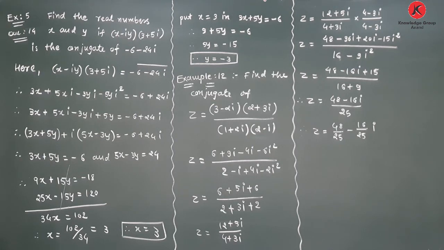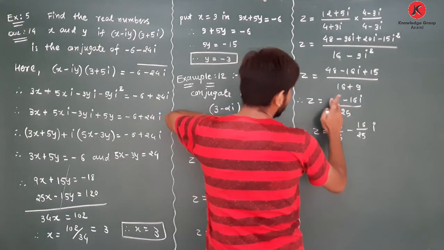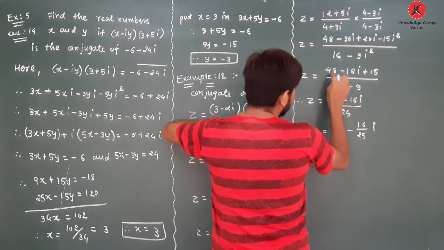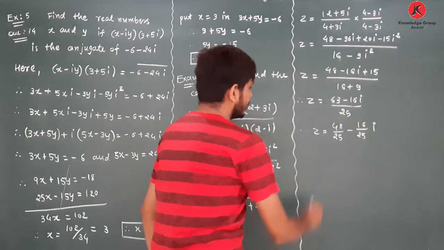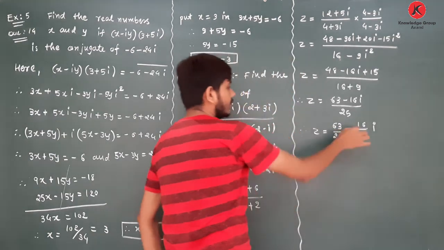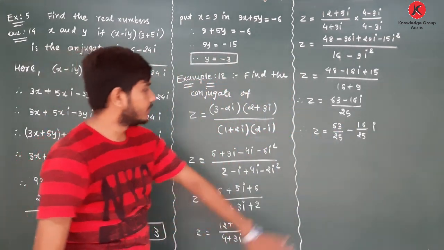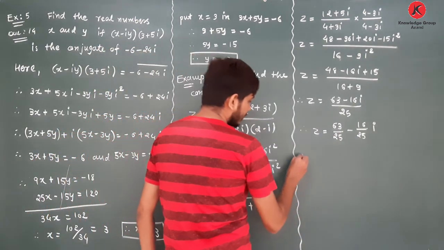This is the simplification. No, sorry. 48 plus 15 is that. 8, 3, 4 plus 1, 5 and 6, 63. This will become 63. Okay? 63 by 25 minus 16 by 25i. This is the complex number in the standard form.